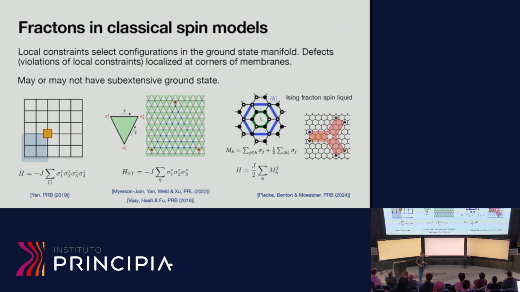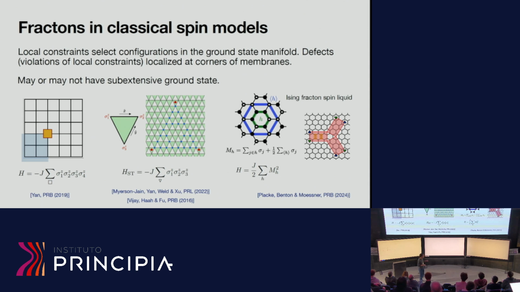They'll be localized in the sense that you cannot move them without creating additional excitations when they are isolated at the corners of some membrane operators. So the first example here is just this plaquette Ising model on the square lattice that was proposed in this paper. Here the spins live on the centers of the squares. So if you flip a single spin, you actually create 4 excitations.